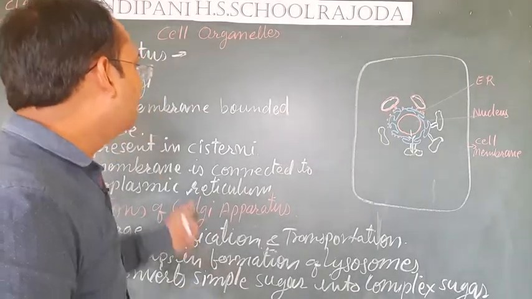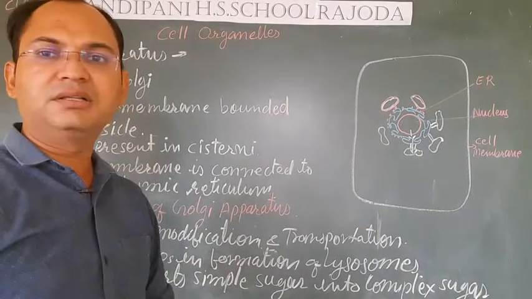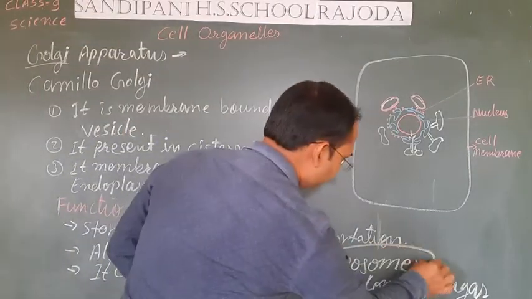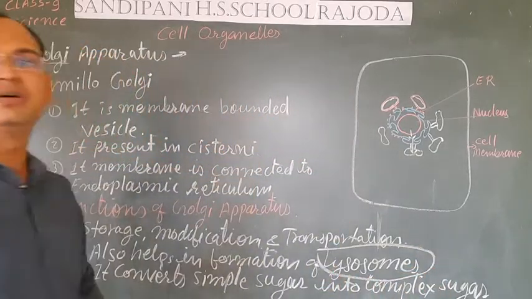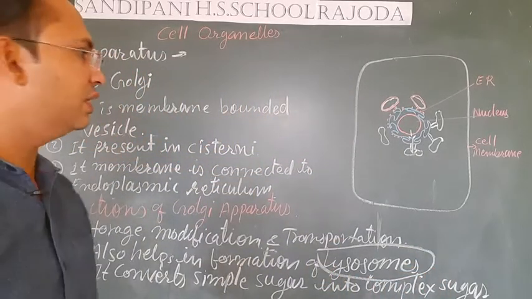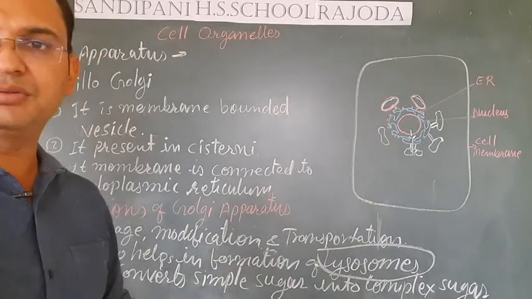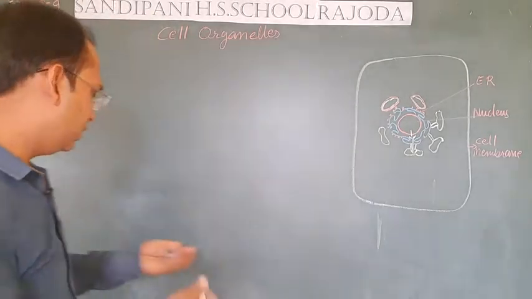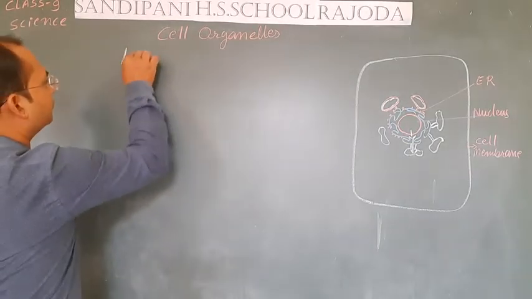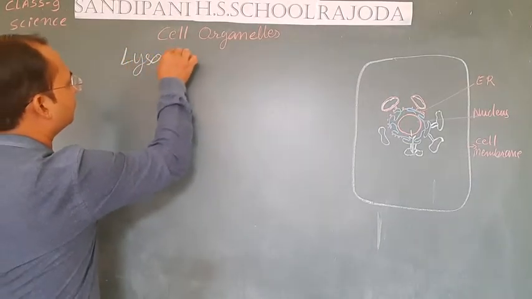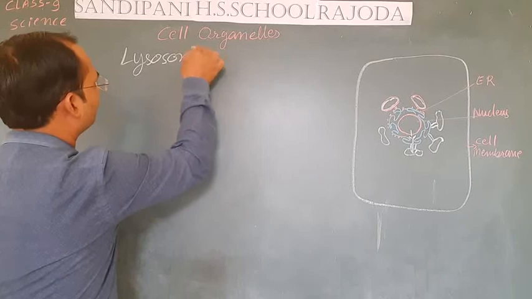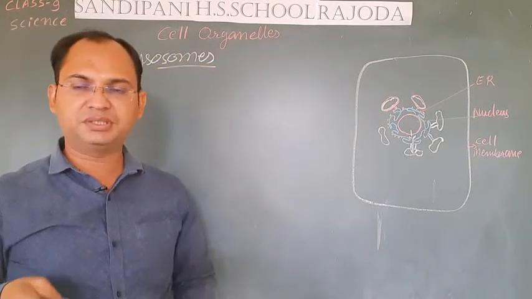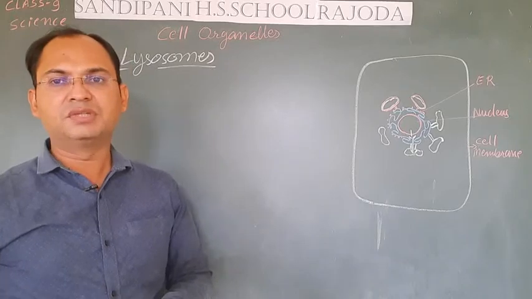Let's see the next cell organelle, that is lysosome, which is prepared with the help of Golgi apparatus. So the next cell organelle is lysosome. Let's see what lysosomes are, what their functions are, and where they are present in the cell.